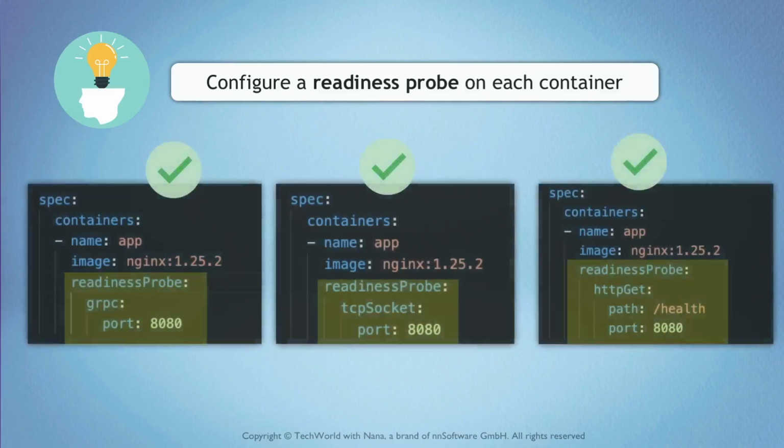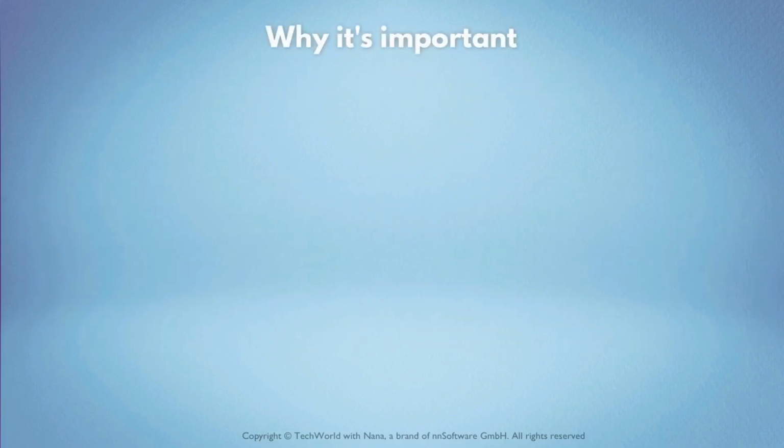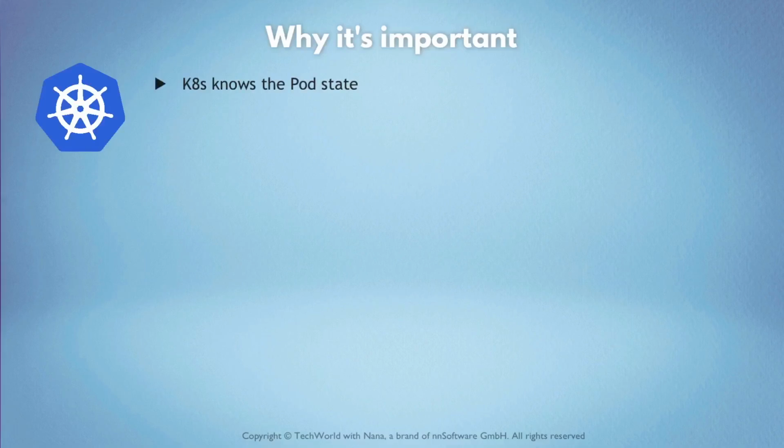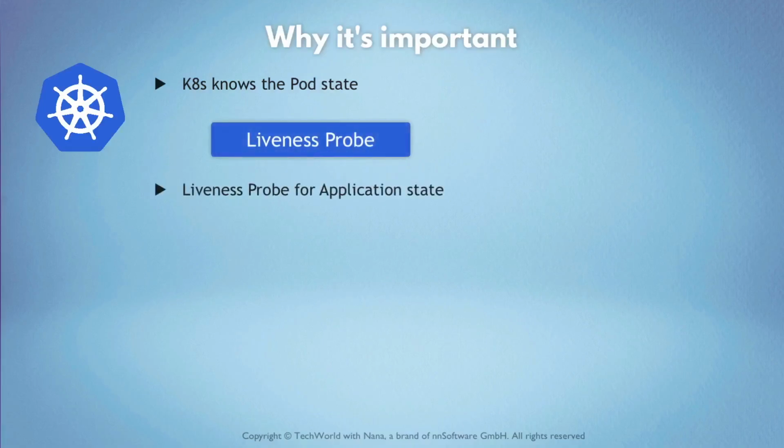Another best practice is defining what's called a readiness probe for each container. We said that Kubernetes knows the pod state, but it doesn't know the application state inside the pod. And we solve this problem with a liveness probe, right? But liveness probe helps Kubernetes see that the application is running successfully only after the application actually started.